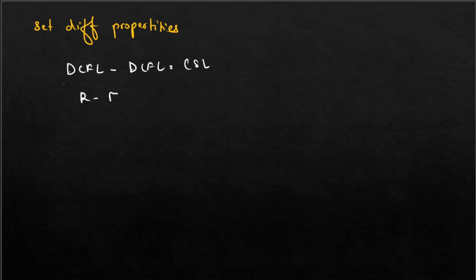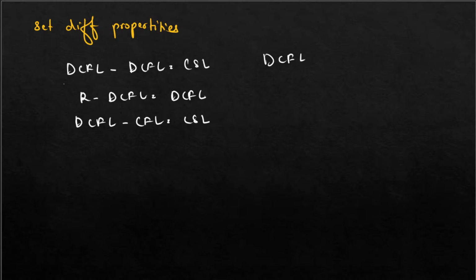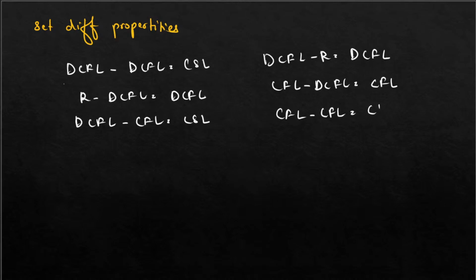R minus DCFL is DCFL. DCFL minus CFL is CSL. DCFL minus R is equal to DCFL, and CFL minus DCFL is equal to CFL, and CFL minus CFL is equal to CSL.